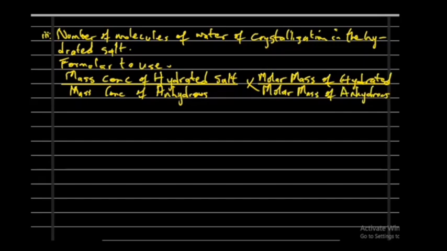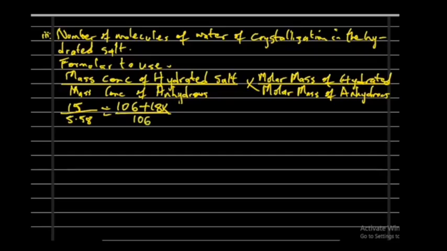So with this now, is 15 divided by 5.58 equals 106 plus 18x divided by 106.